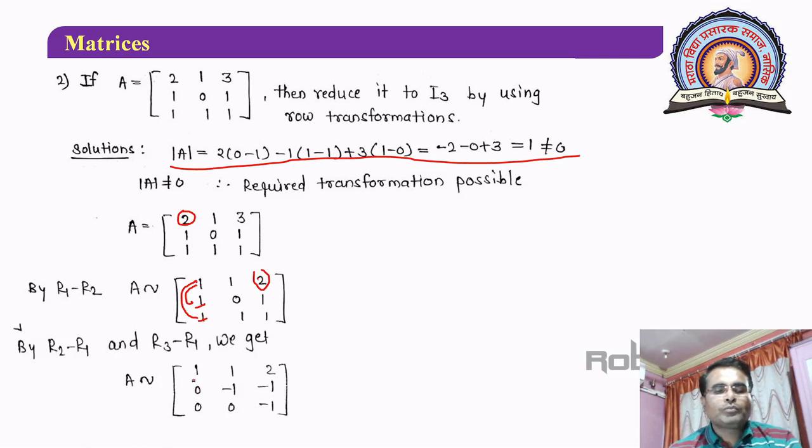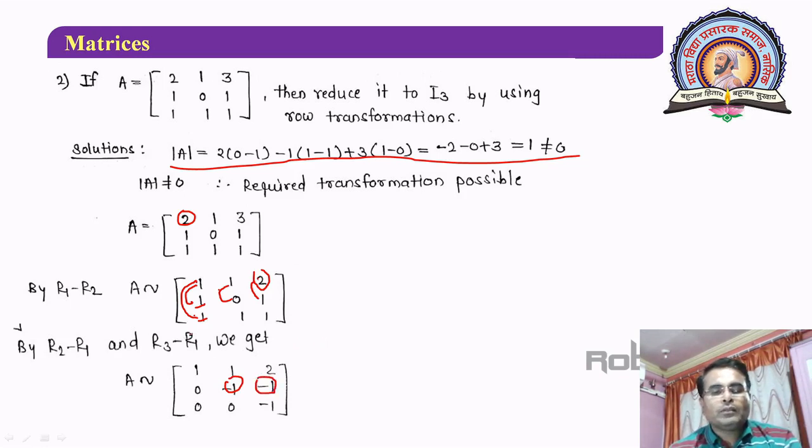A is equal to 1, then 0 0, here 1. Now what happens? R2 minus R1, so 0 minus 1, and here 1 minus 2, isn't it? So that's why here you will get minus 1, here you will get minus 1.